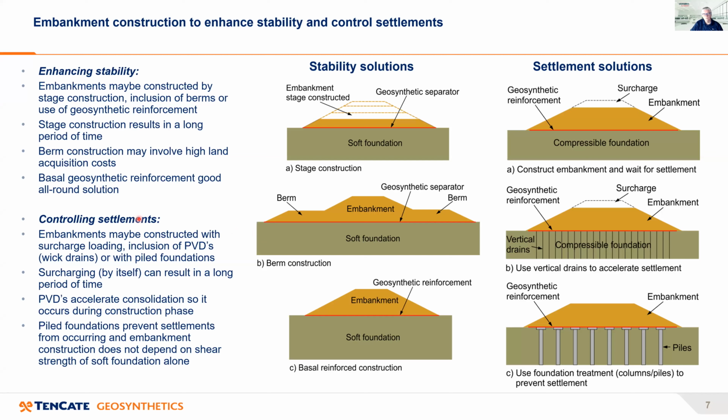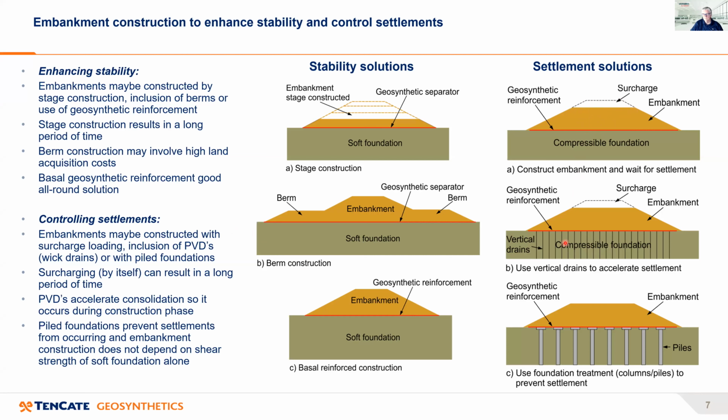When it comes to controlling settlements, there are, again, a number of solutions available to us. Normally, we can provide surcharge on the top of the embankment to aid the rate of settlement of the compressible foundation. And of course, later we strip the surcharge off and build the embankment pavements.